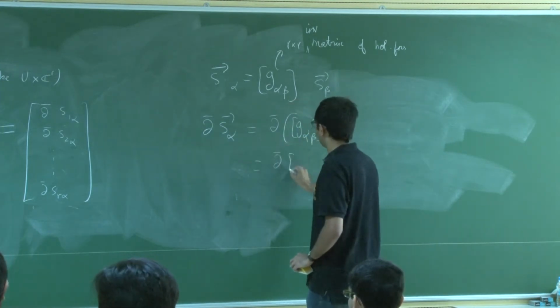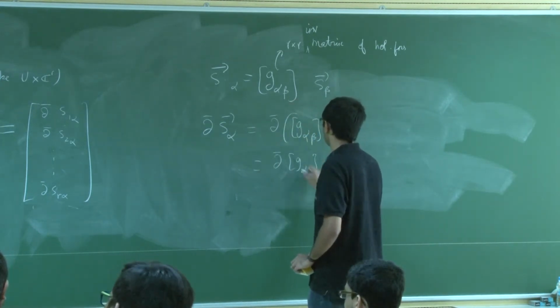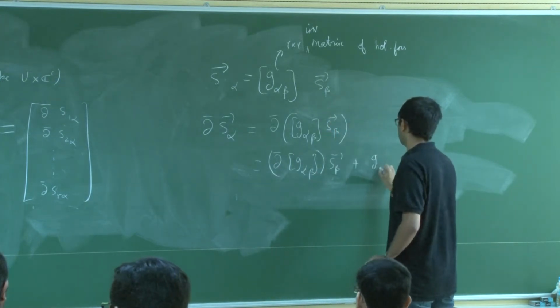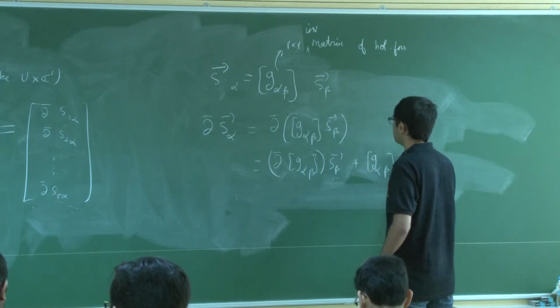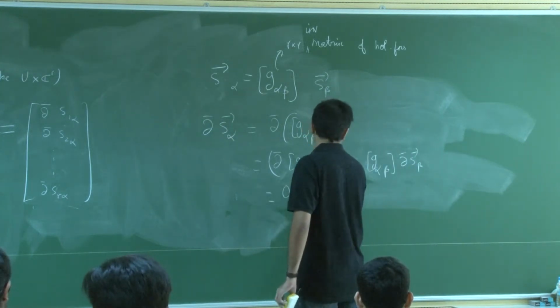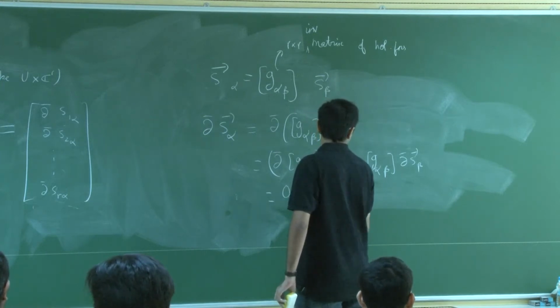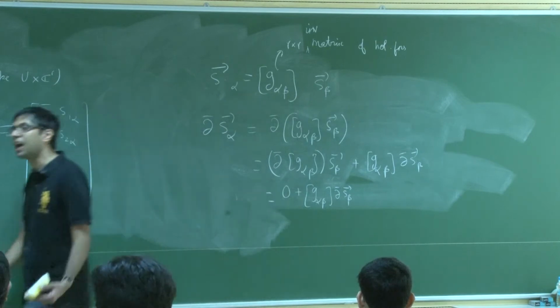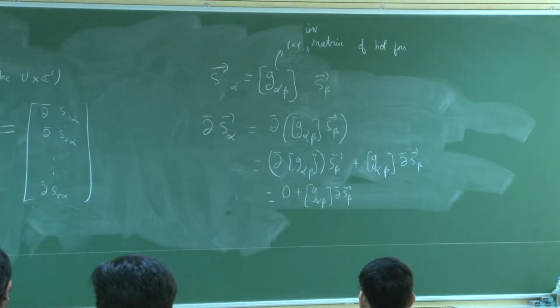which is, I'll be a little pedantic because this is the first time, just the Leibniz rule. And this is of course 0, and you'll have G alpha beta times del bar S beta, which is exactly the way it is supposed to transform.